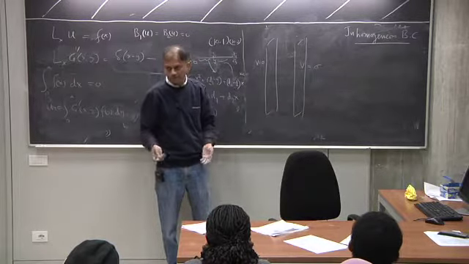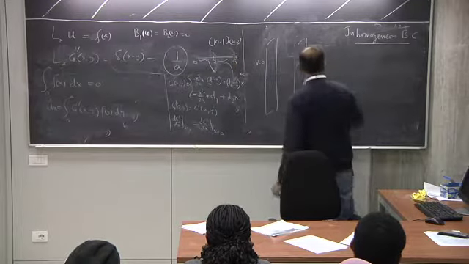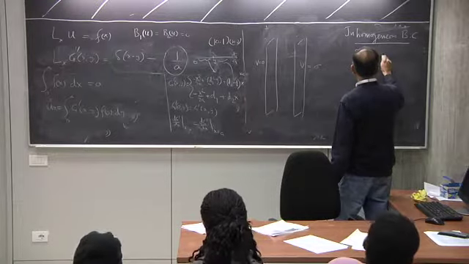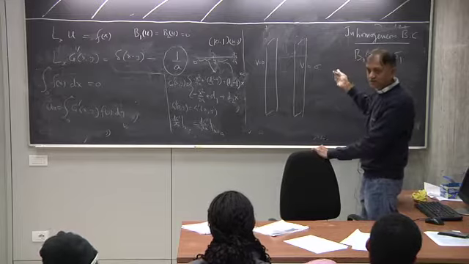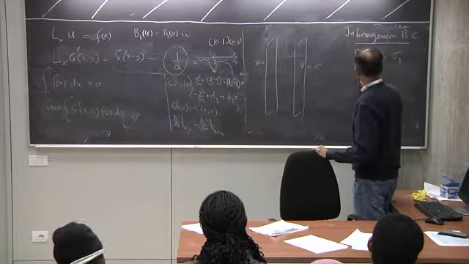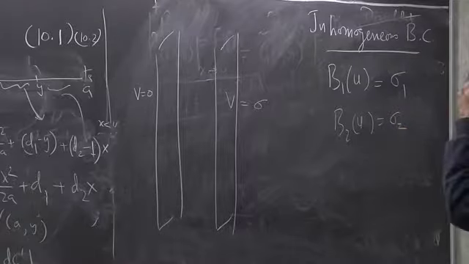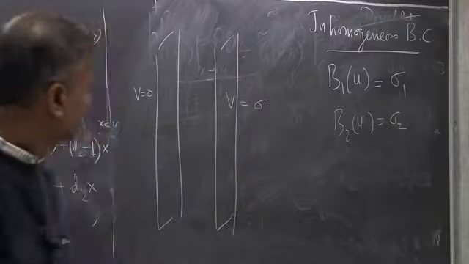This is useful in fact. So now what we are saying is that instead of choosing B1 u equal to 0, we choose B1 u equal to some constant sigma 1, and B2 u equal to sigma 2. And the question is, how will we solve this equation now?